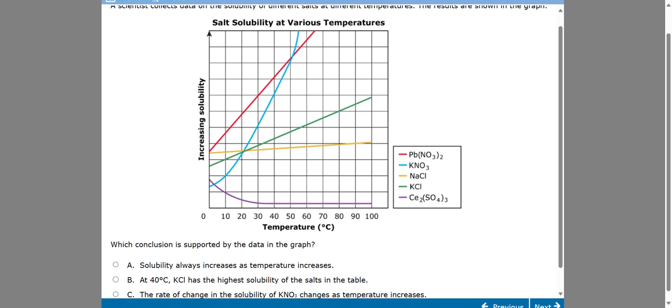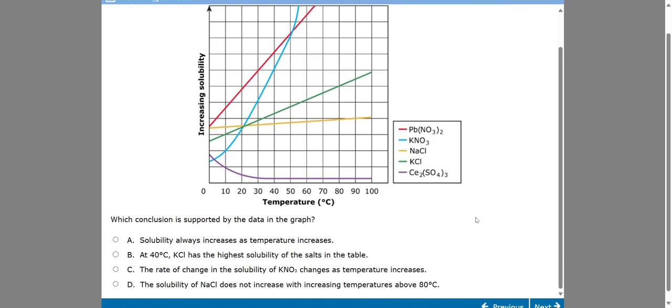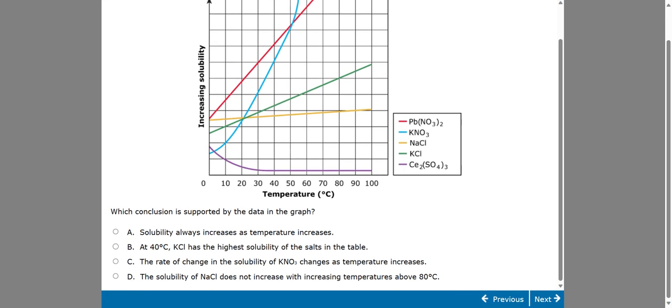So again, you're less looking at what the elements are, and more looking at the colors of the graph, understanding salt solubility at various temperatures, and understanding your X and Y axis. And here we have temperatures in degrees Celsius. So that's really what the question is asking you. They're not asking you to remember what the elements are on a periodic table.